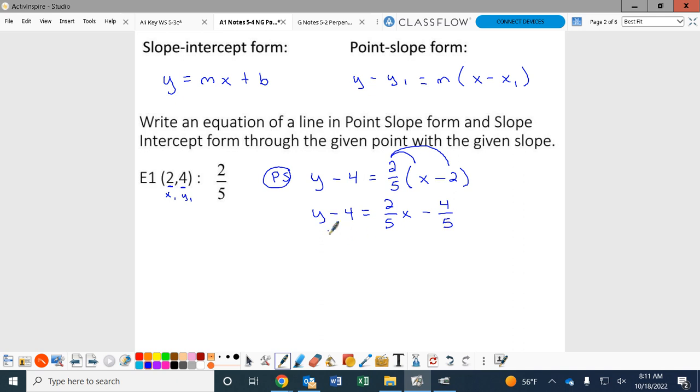In order to get it to slope intercept form, we need the y to be by itself, so we need to move this minus 4. The opposite of a minus 4 is plus 4, plus 4. Y equals 2/5x. And then when you do negative 4 fraction 5 plus 4 on your calculator, it will leave it a mixed number, so you're going to have to second fraction by an equals.